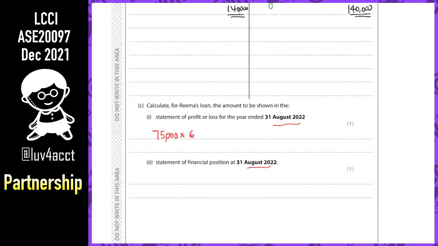So essentially you are borrowing it for the whole year, so you are paying interest for the whole year, giving you a 6,000 interest. I would also like to write down what it is. It is an interest expense.